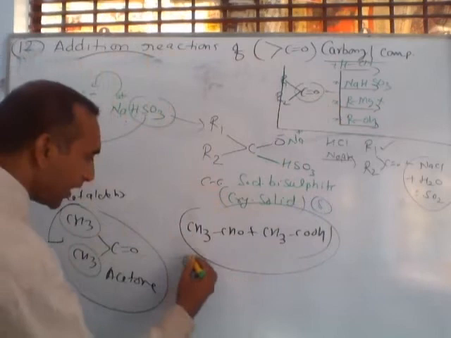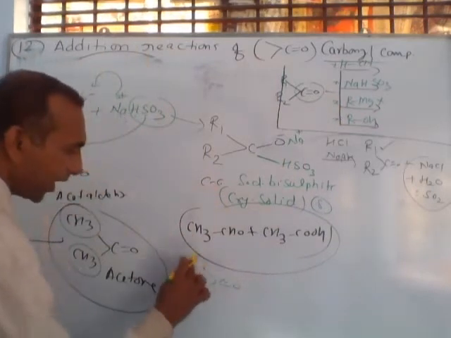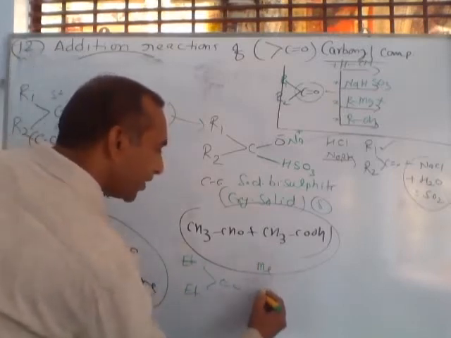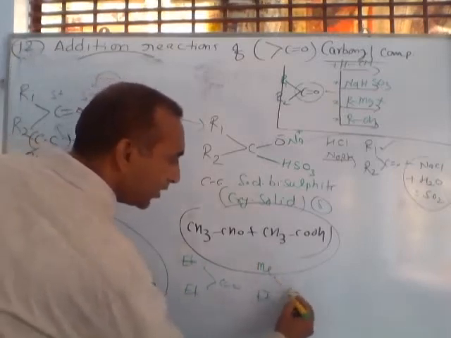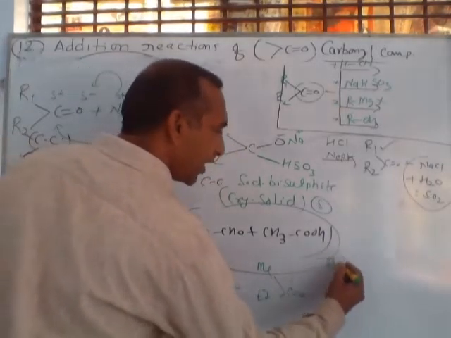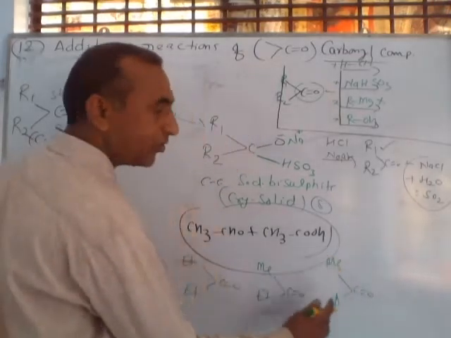Suppose I write this here: this compound is called diethyl ketone. If I write methyl ethyl ketone here, and suppose this is methyl but this is a benzene ring, this compound is called acetophenone.